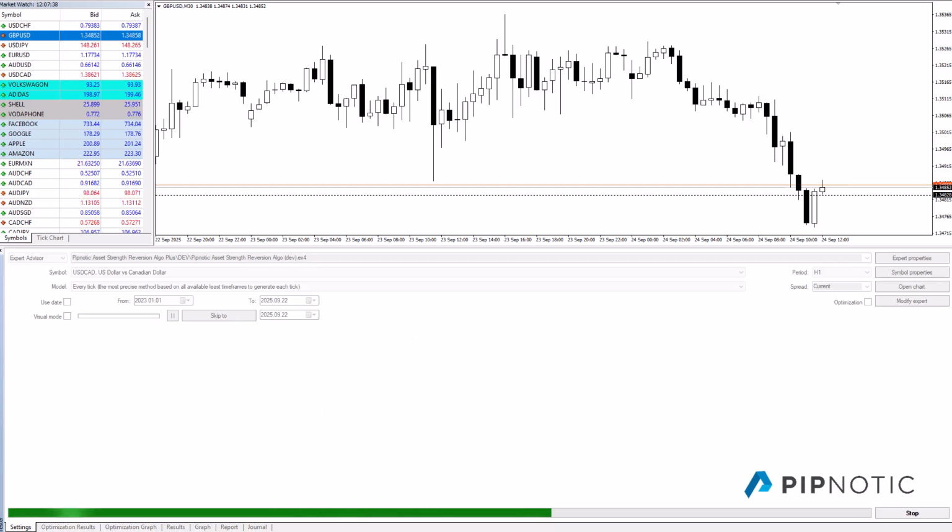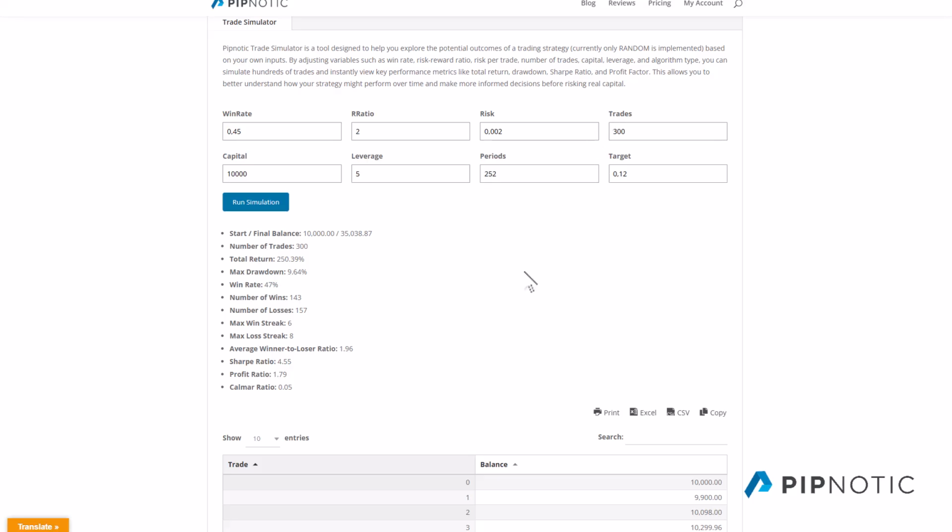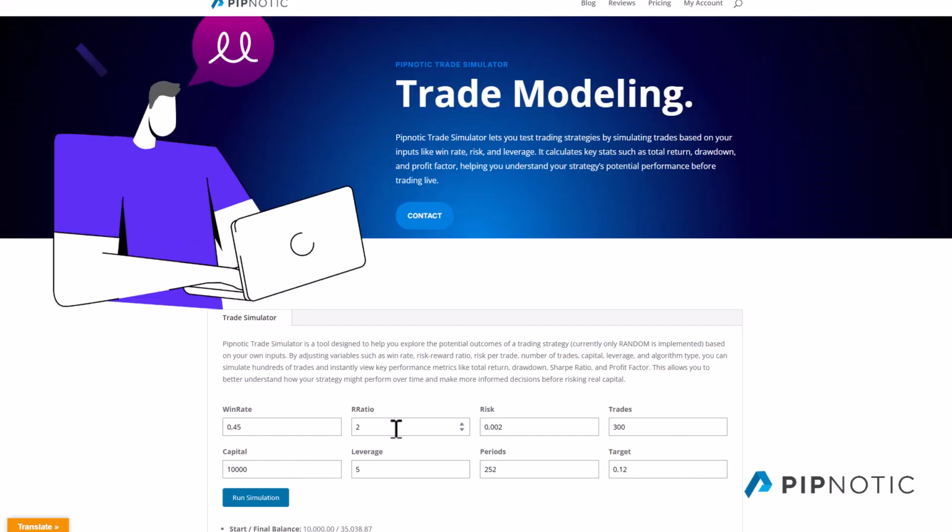If we look at the settings in here, let me go to the simulator. I just posted this in the forum, but let's assume that we have an average winner to loser of 3.5, which is what we have according to the configuration that I currently have, and we're risking, let's say, 1% per trade.